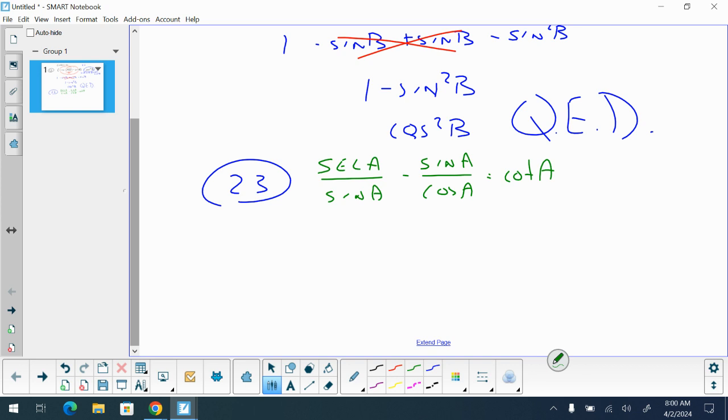Well, on the left-hand side, we have two fractions that are being subtracted from each other. So if I would have 2 over 3 plus 3 over 4, I'll change that to subtraction.